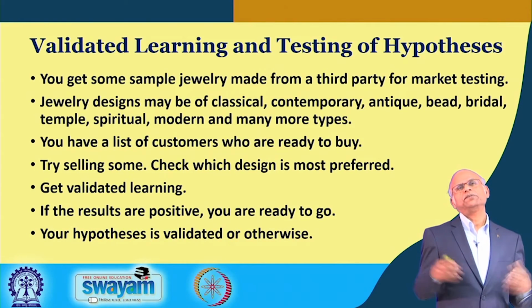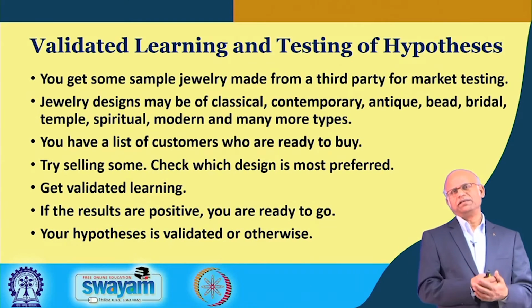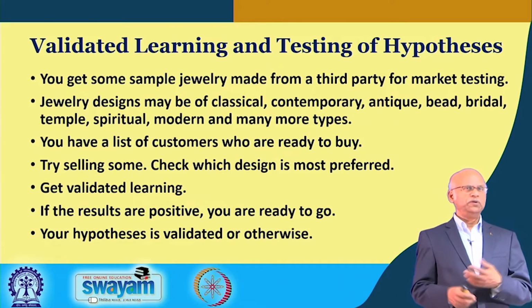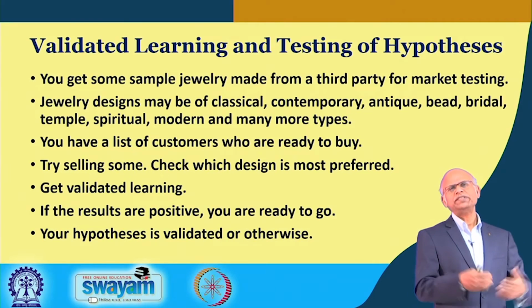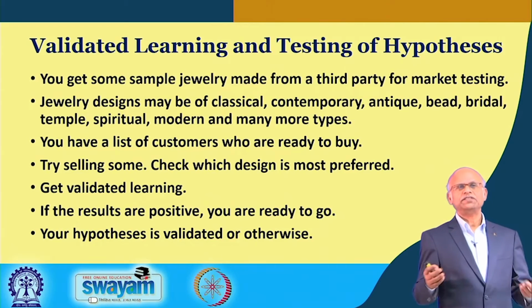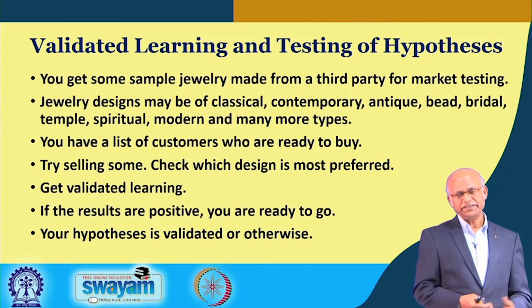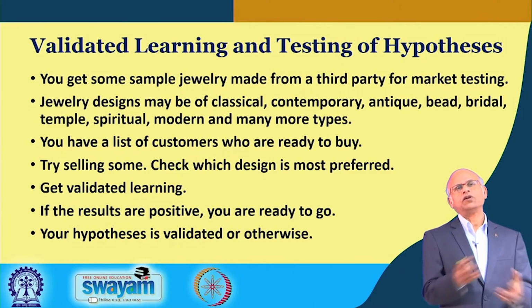So, you have a list of customers who are ready to buy. Through this experiment, you give them the samples and try selling some through these people. Check which design is most preferred out of all those types. So, you get validated learning on whether your product is liked or not.